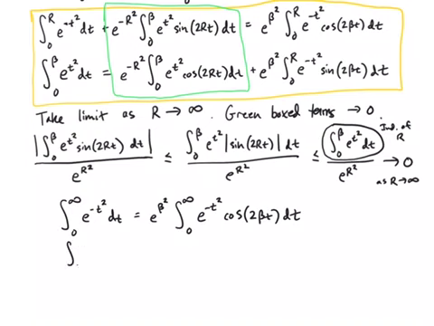And we get the integral from 0 to beta of e to the t squared dt is equal to e to the beta squared times the integral from 0 to infinity of e to the minus t squared sine of 2 beta t dt.